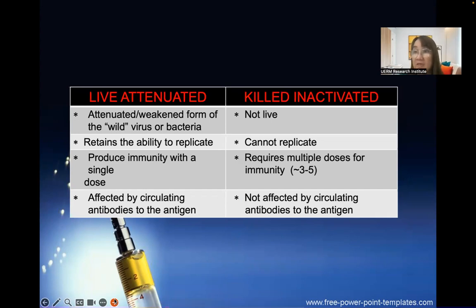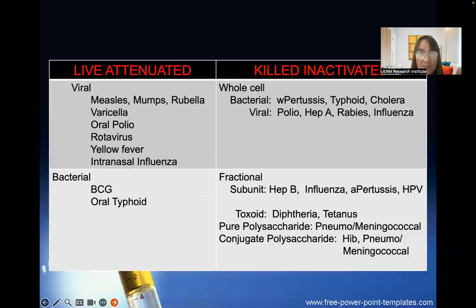However, in the killed inactivated, the particles are destroyed and therefore cannot replicate or divide, but still retain some integrity to be recognized by the immune system. And because they cannot reproduce, booster shots are required periodically to reinforce the immune response.